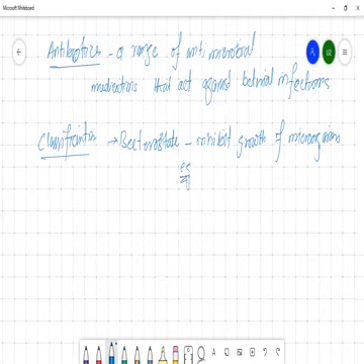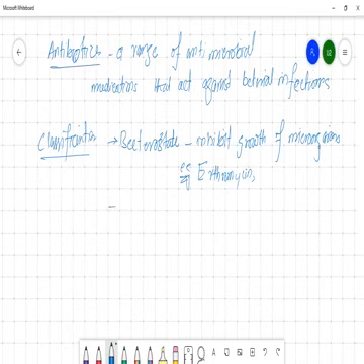For example, erythromycin, you know very well about it. Erythromycin, tetracycline, lincomycin, and so many other examples are present in today's era.